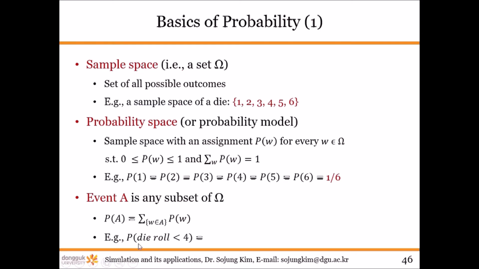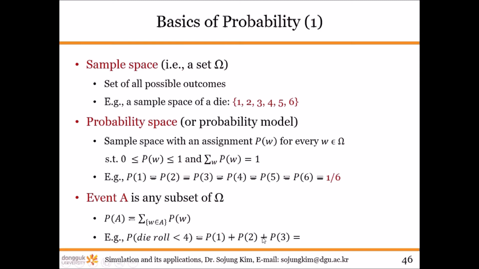Okay, if you roll a die, and let's say the outcome is less than 4, then the probability will be the summation of probabilities from 1 to 3, right?